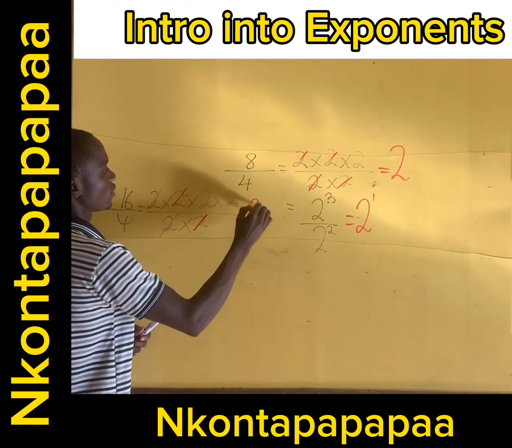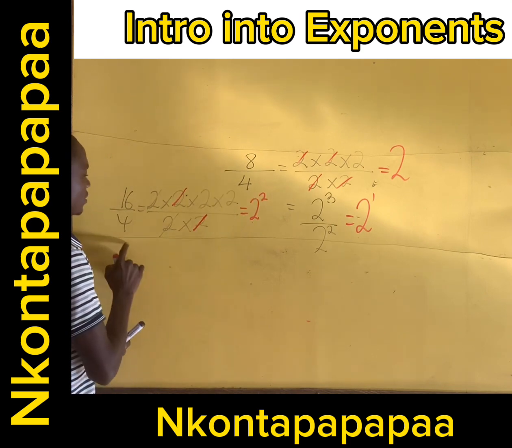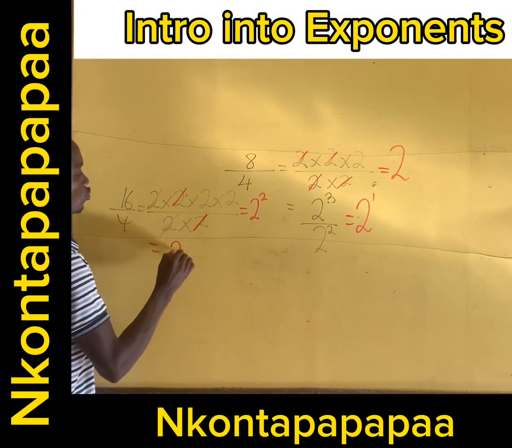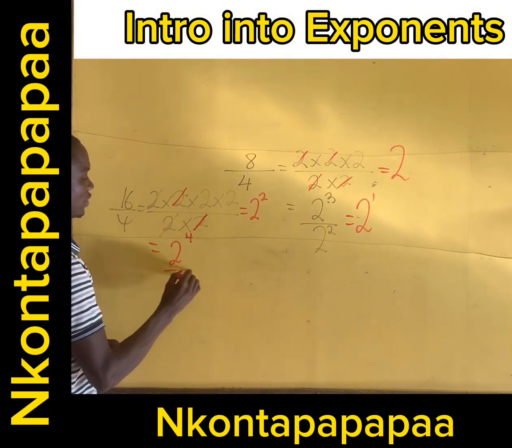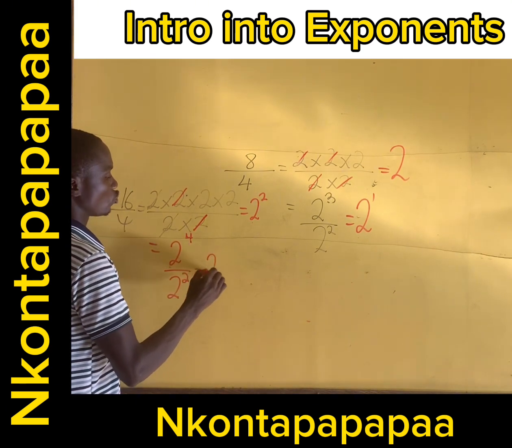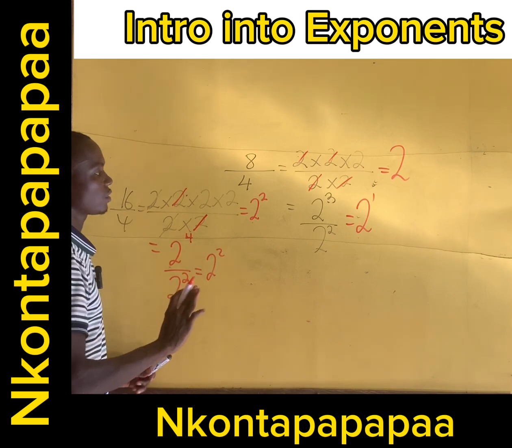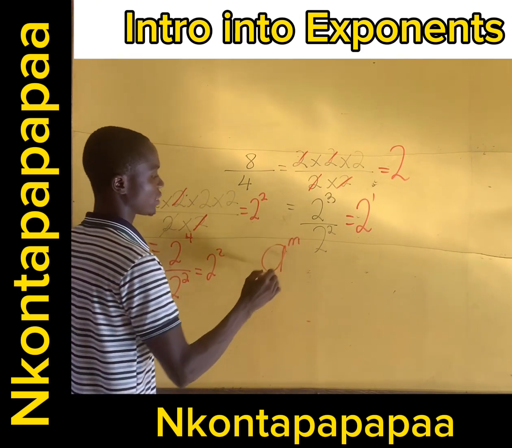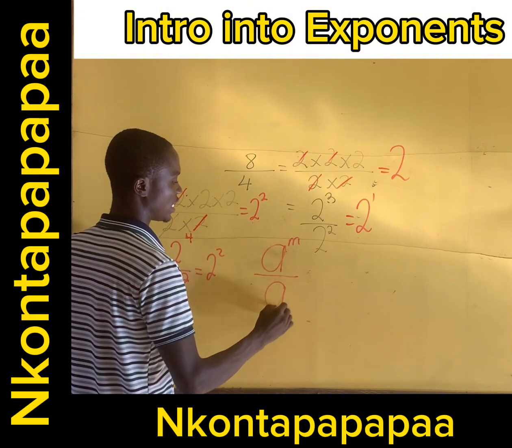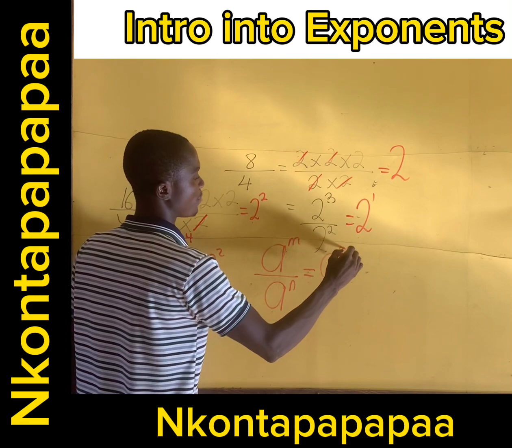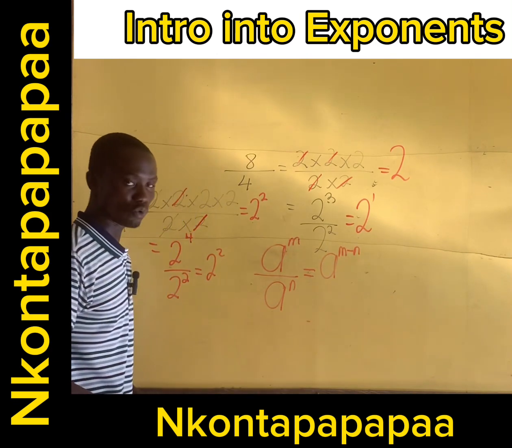And we have 2 multiplying itself twice in a very simple way. So you see that this one is 2 multiplying itself 4 times, divided by 2 multiplying itself twice, so that if we take this 2 from this 4, we are going to get 2 power 2. So in a nutshell, we can say that if you have a multiplying itself m times, divided by the same a multiplying itself n times, then we have a power m minus n in a very simple way.